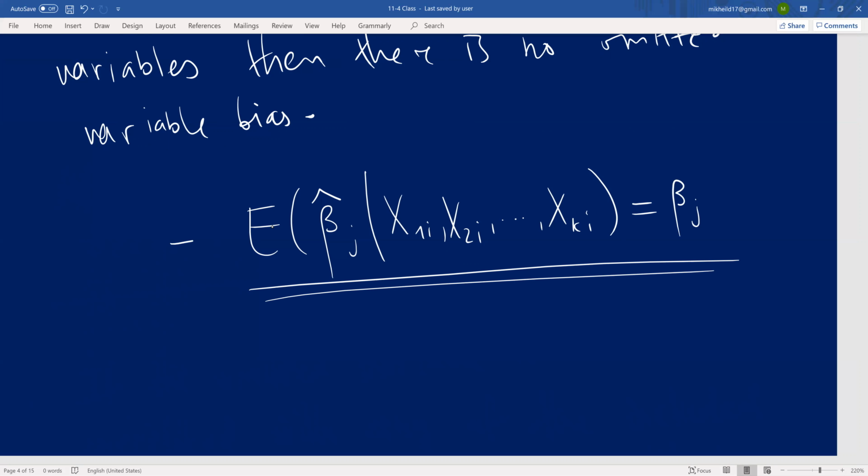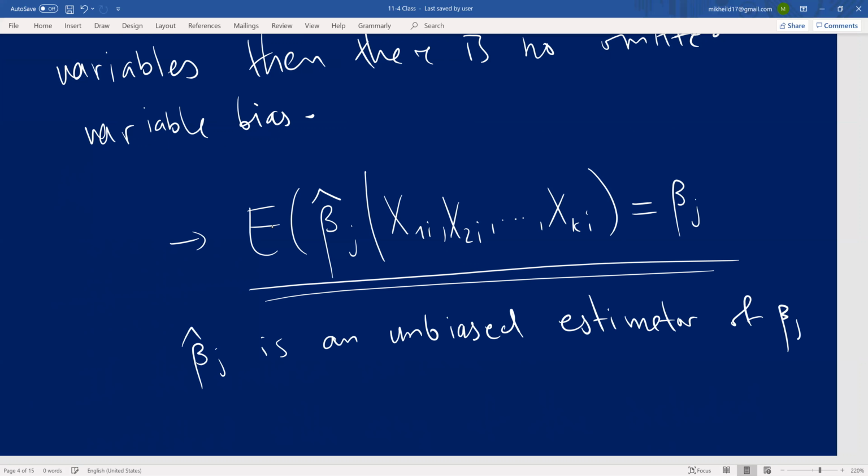This means that beta hat j is an unbiased estimator of beta j. Am I clear?